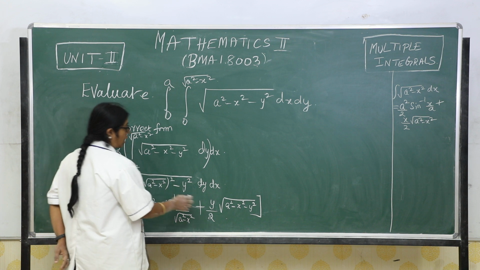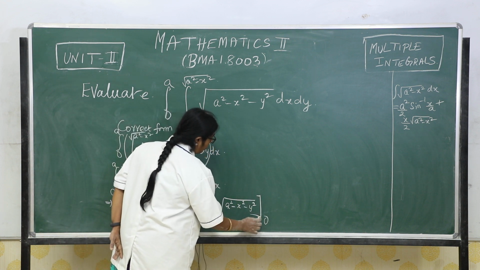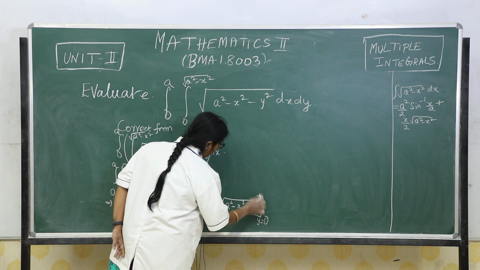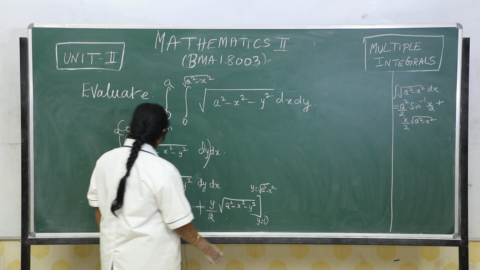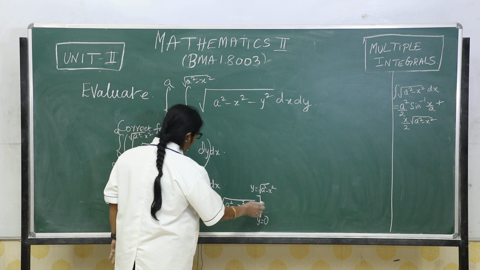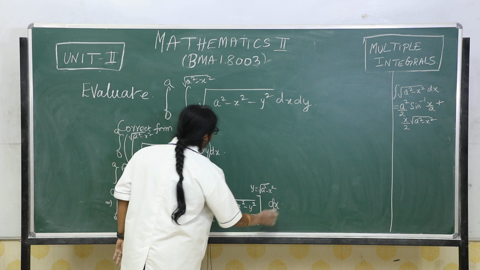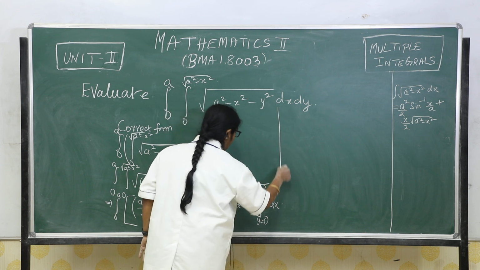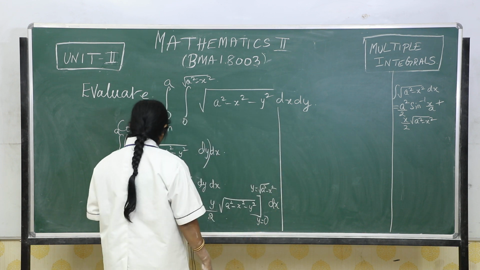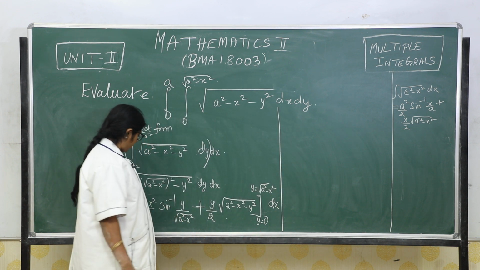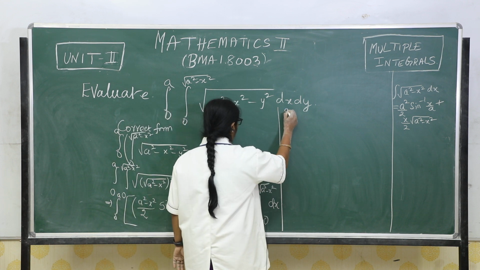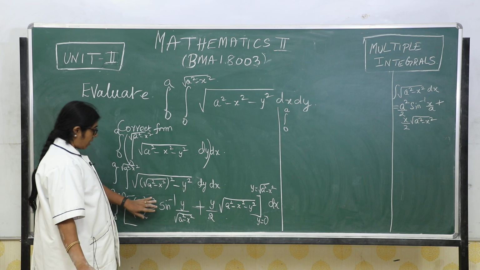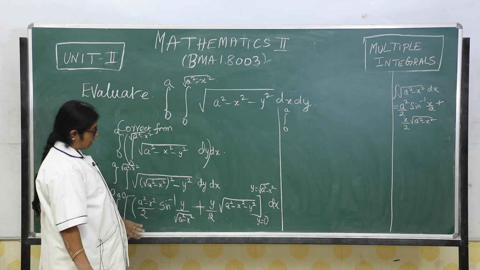You have to substitute the limits y equal to 0 to y equal to root of a squared minus x squared, for the whole thing with respect to y, and then you write dx. Substituting for y, not for x, integral 0 to a, the a squared minus x squared is treated as a constant.